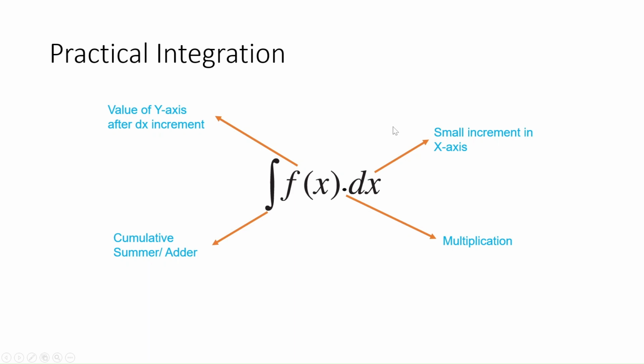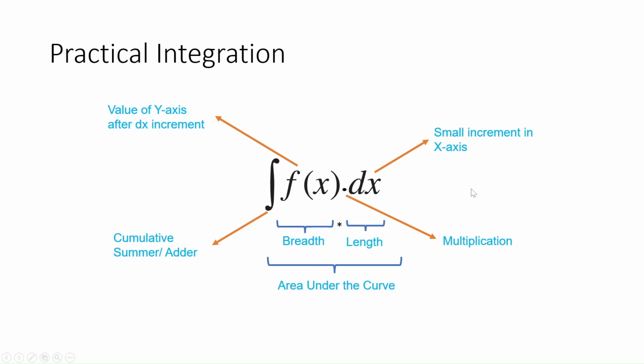If you look closely, this f(x) is the breadth of the rectangle, this is the multiplication sign, the dot, and this dx is the length of the rectangle. When we multiply them together, we compute the area of a small rectangle, and then we continuously add it in a cumulative adder, so that the complete area under the curve is computed.